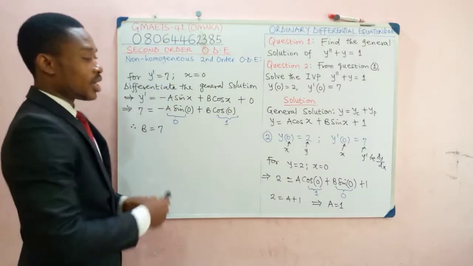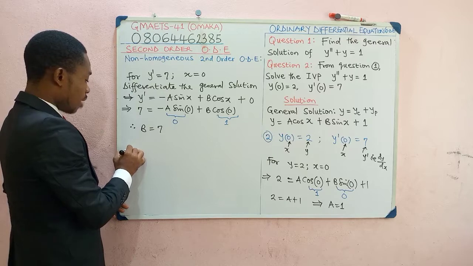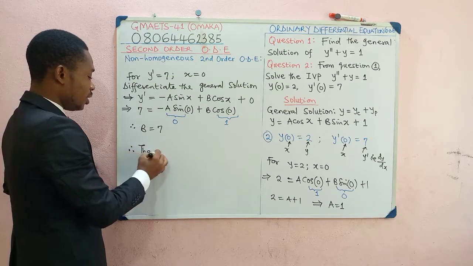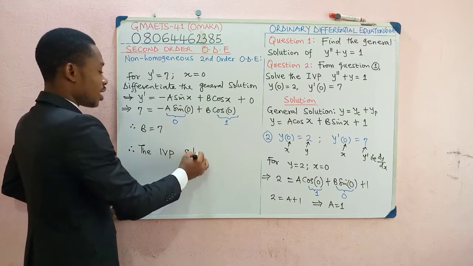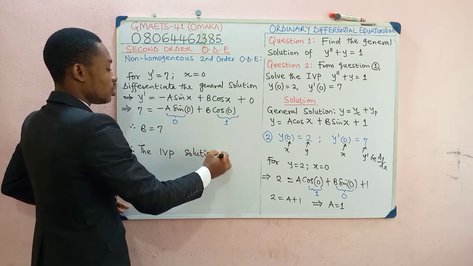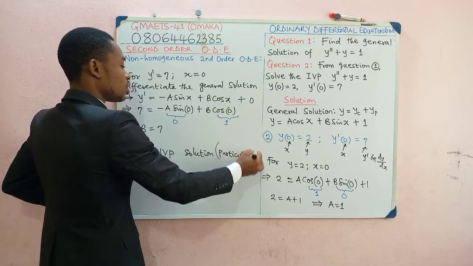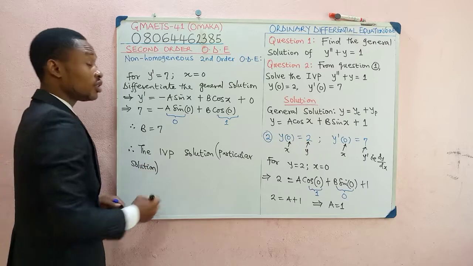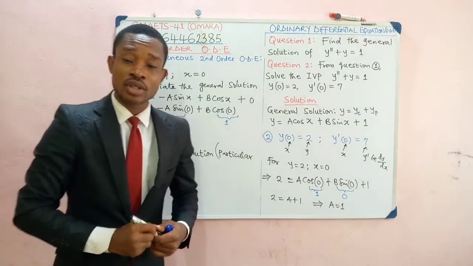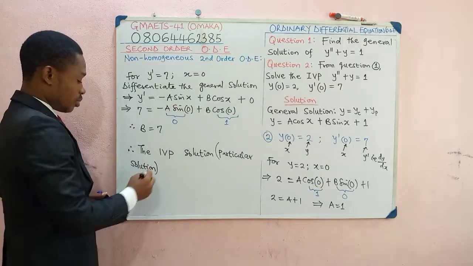Therefore, I'm going to write the IVP solution, which of course is actually called the particular solution. You recall that from the beginning of this course, we talked about general solution and particular solution. So this is now the particular solution.